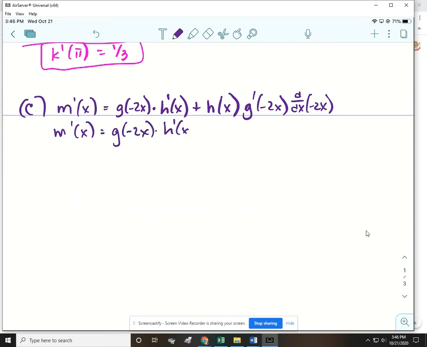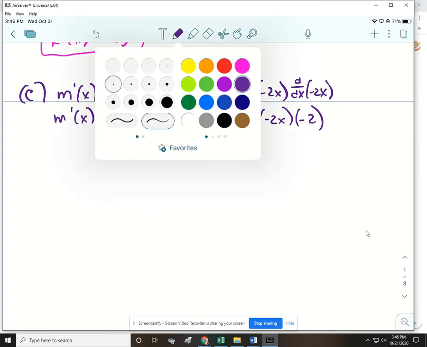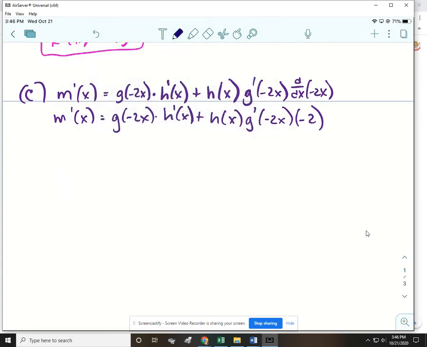And if you just wrote -2 there, that's perfectly fine. All right, and then we'll go back, and we are finding m prime of 2, so we'll put 2 in for all of those x's. So negative 2 times 2 is going to be -4.